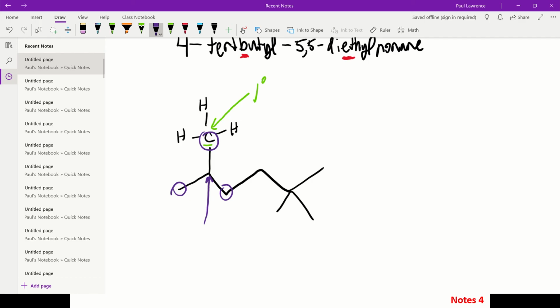There's 3 carbons directly attached to it, so that would make it a tertiary carbon. What about that carbon? Well, we see that carbon that I'm pointing to with the red arrow is directly attached to this one and that one. So that would make it a secondary carbon.